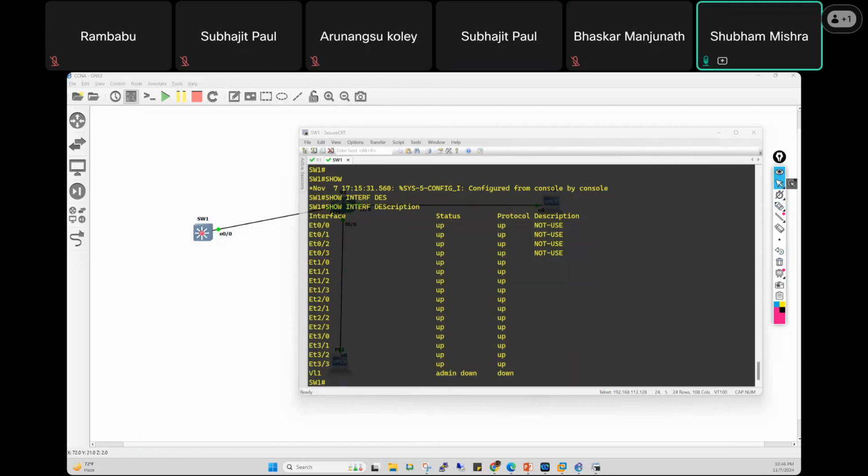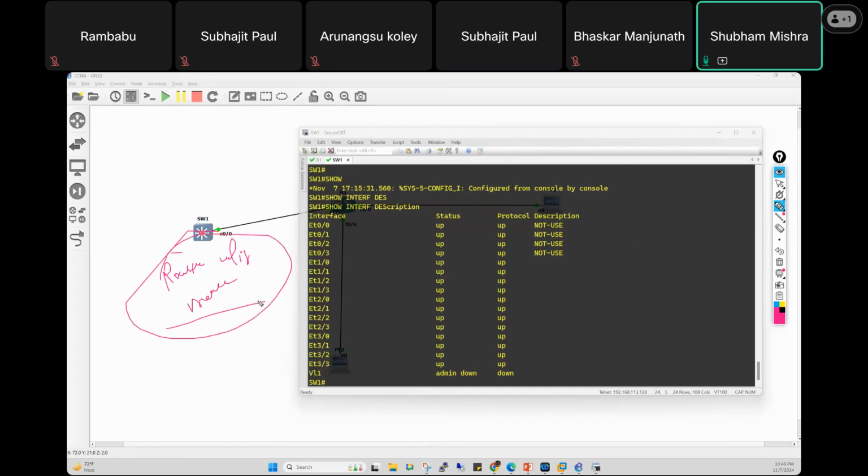Okay. Now, there is one more mode on the router, guys, that is called router configuration mode.